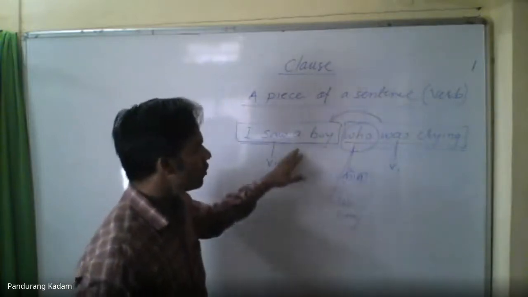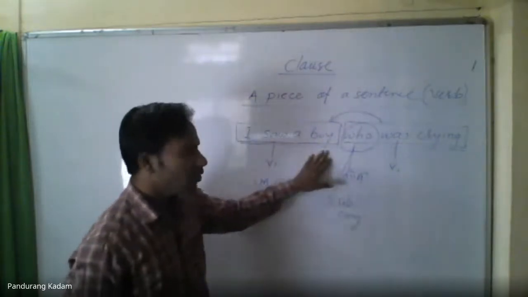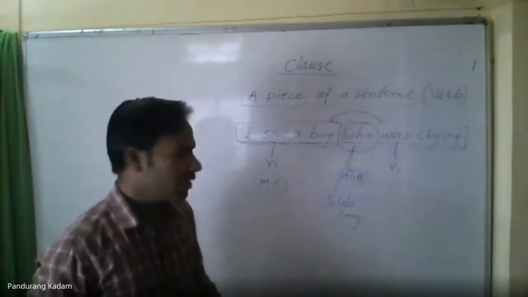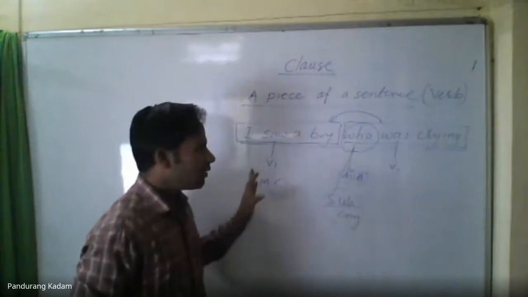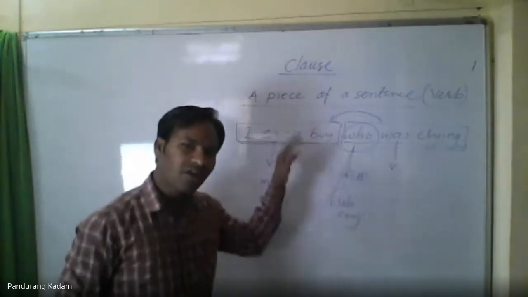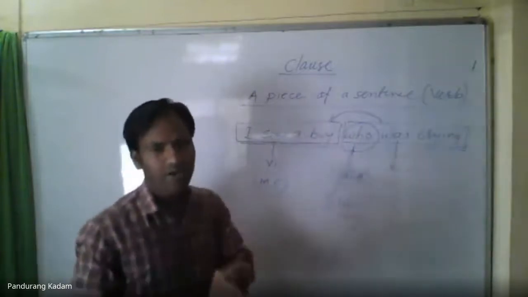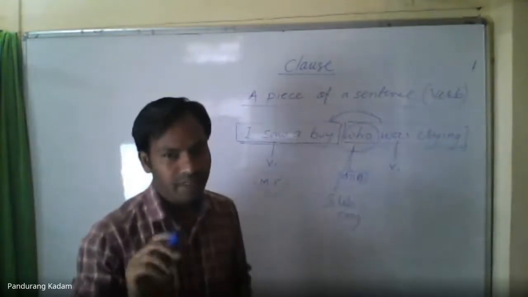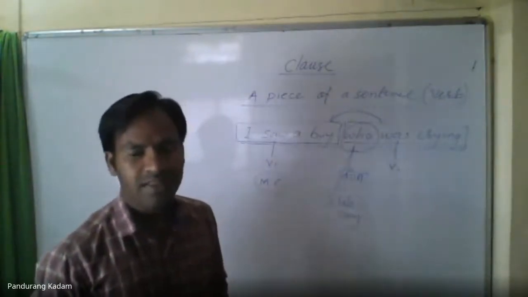So you must know I saw a boy is a main clause, a piece of a sentence with complete meaning, right? That is known as a main clause. And a piece of a sentence with incomplete meaning, which depends on the first one or the next one, that piece is known as a subordinate clause. Every subordinate clause starts with a subordinator.